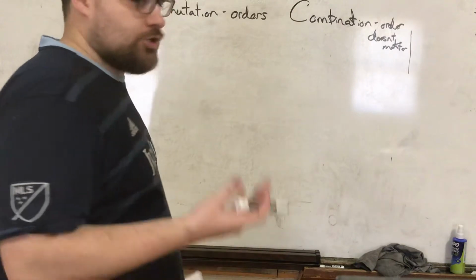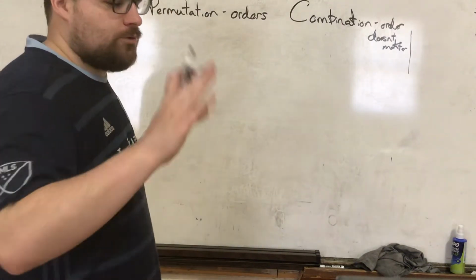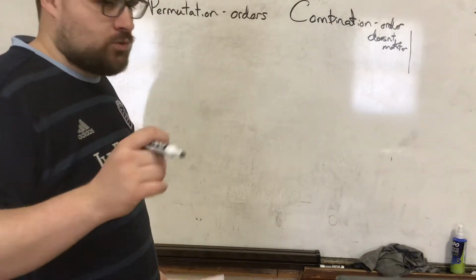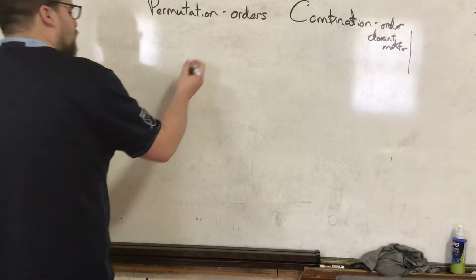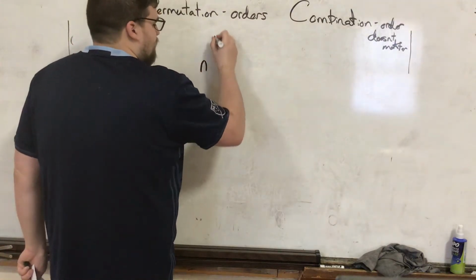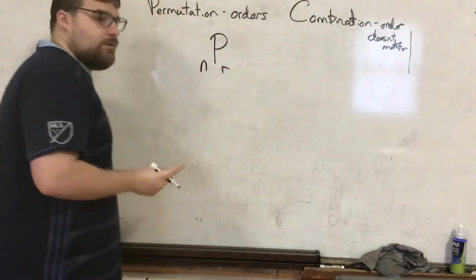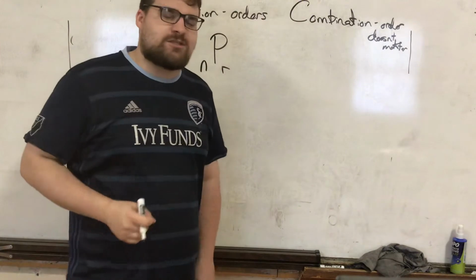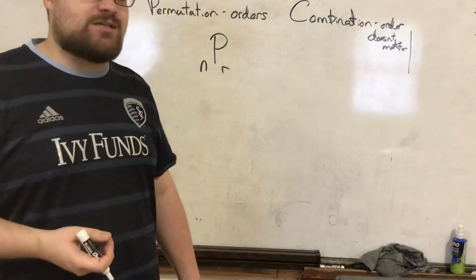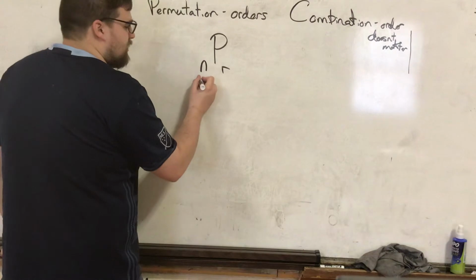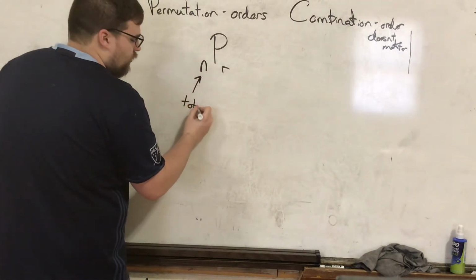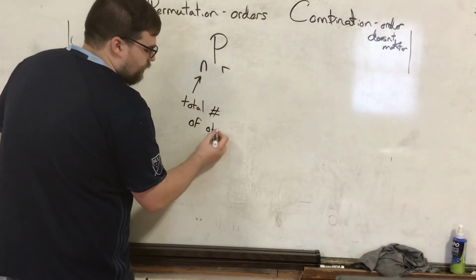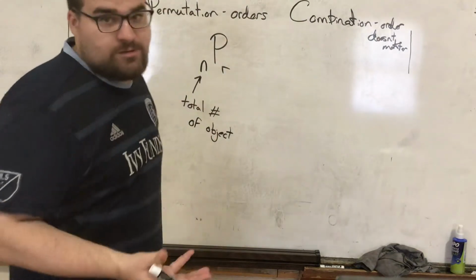So, there's an equation I'm going to give you guys. But before we do that, we are going to talk about a couple variables that we see. A permutation formula is written like this, nPr. Now, I know what you're thinking, National Public Radio. It's not what this stands for, though. The P stands for permutation. N is the total number of objects, people, things, whatever, right?